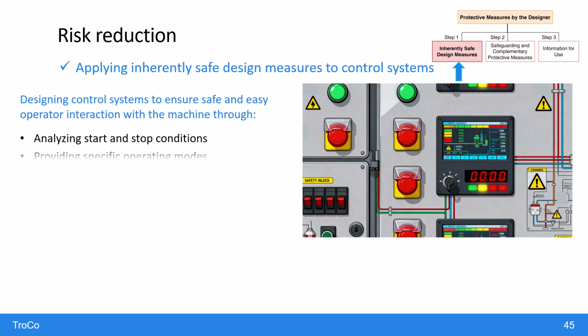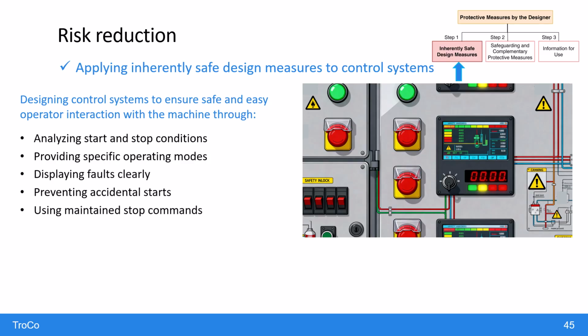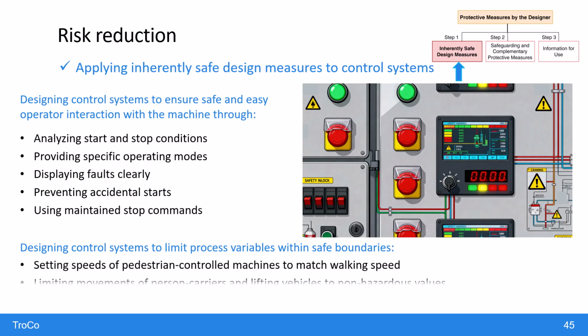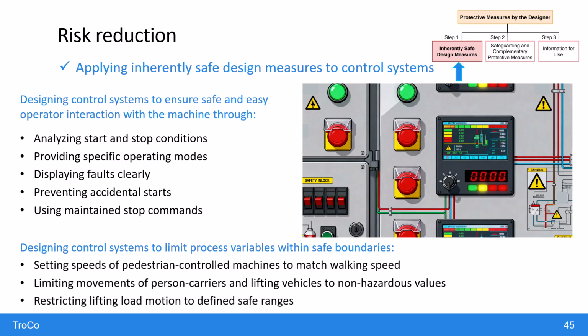Achieving this may involve one or several of the solutions shown on this slide. Control systems should also limit the movement of machine parts, the machine itself, or any loads it handles, keeping them within safe design parameters such as range, speed, acceleration, and load capacity. Dynamic effects, like load swinging, must also be considered. In the following slides, we'll take a closer look at how inherently safe design measures can be applied to control systems.